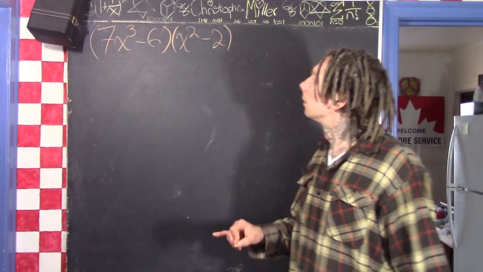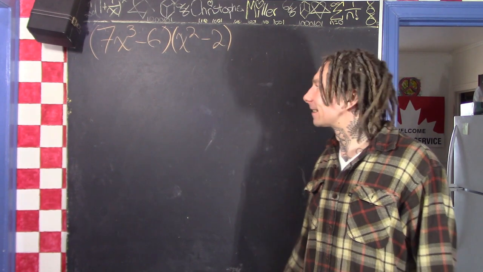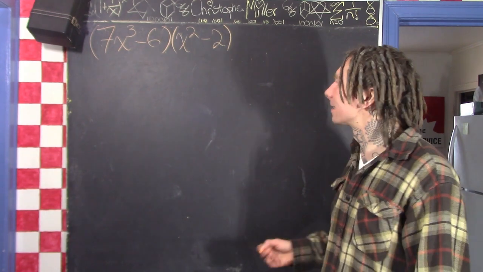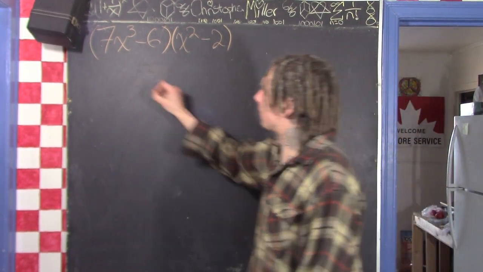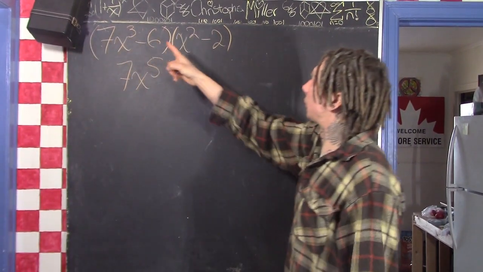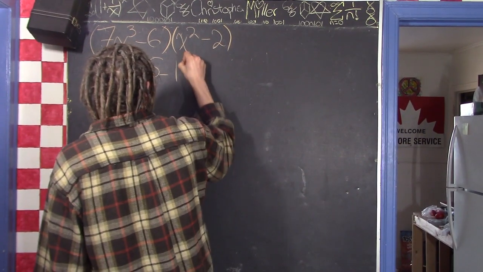FOIL with uneven powers. Same thing, just first, outside, inside, last. So 7x cubed by x squared would give us 7x to the power of 5. 7x cubed multiplied by negative 2 would be minus 14x cubed.